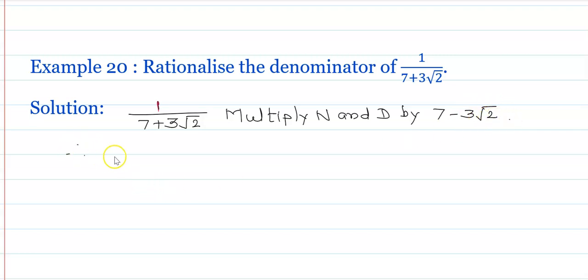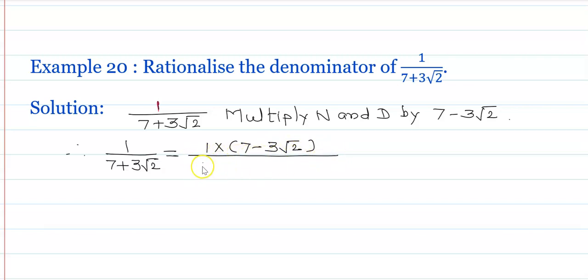Okay, and therefore 1 upon 7 plus 3 root 2 equals 1 into 7 minus 3 root 2 upon 7 plus 3 root 2 into 7 minus 3 root 2.